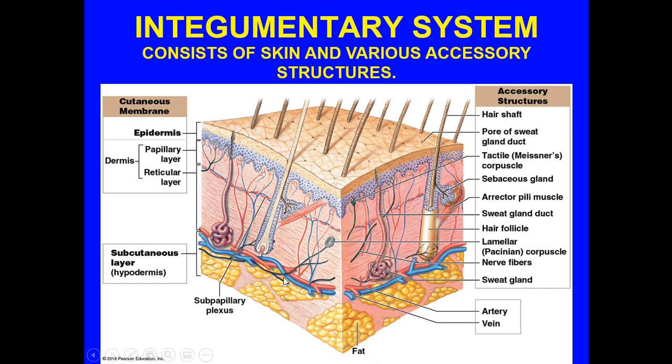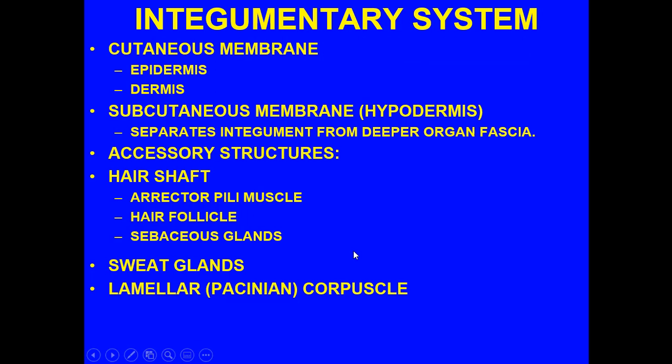Of course, you will also notice down throughout here, artery and vein. You'll also note the sweat gland, which will empty out onto the skin. And from there, we'll get into some of the structures.